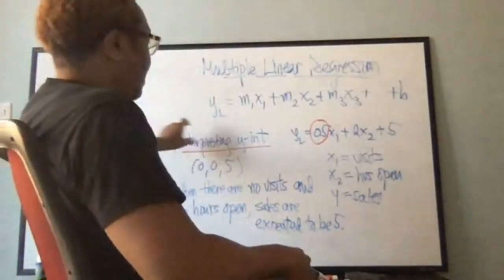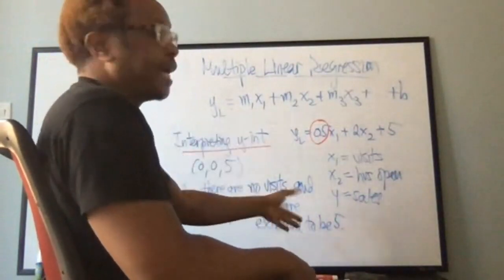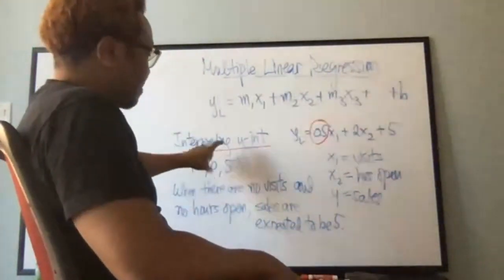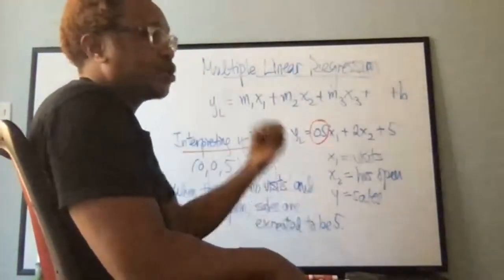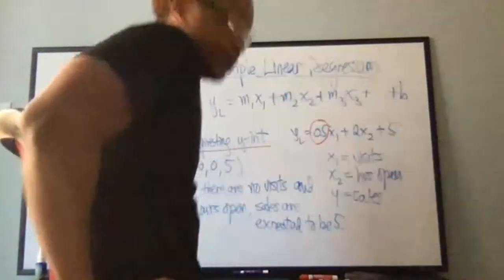But notice when I'm interpreting the slope, I'm saying sales increase by 5. But when I get to interpreting the y-intercept, I'm basically saying sales are expected to be 5, whether it's $5 or whatever. Yeah. So just to clarify, for interpreting the y-intercept, it's the same as simple linear regression where 0 has to be in the range.